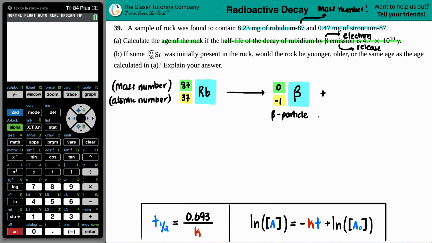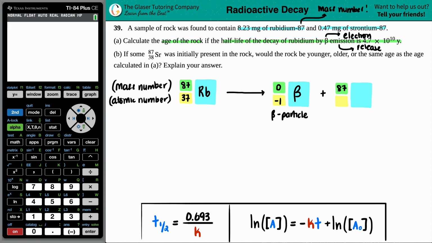Now we're going to make the other nuclide, right? What does that rubidium actually turn into when it loses an electron? Well, the top numbers have to equal across the yield sign, and the bottom numbers have to equal across that yield sign. So 87 equals 0 plus 87, and 37 equals -1 plus what?